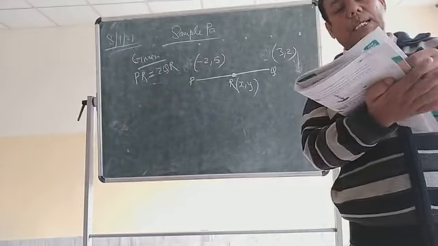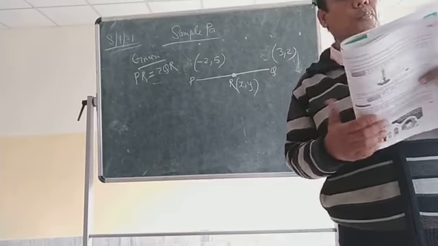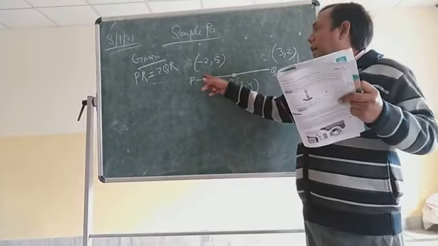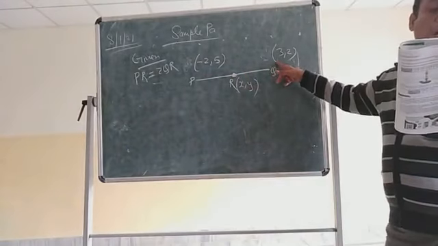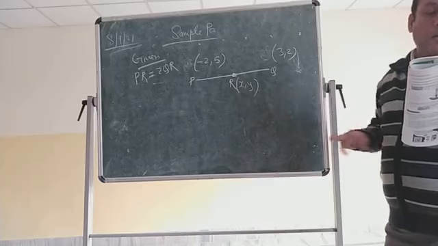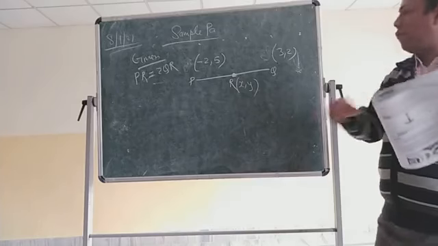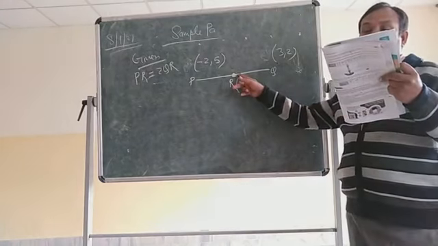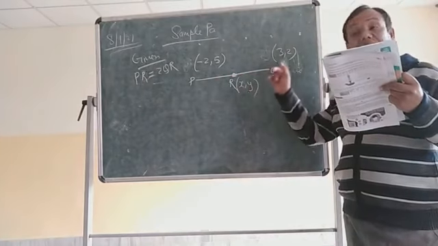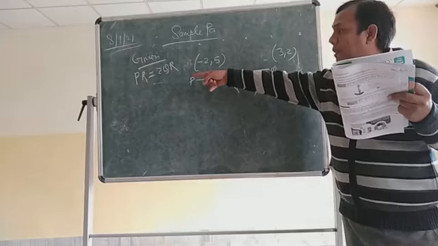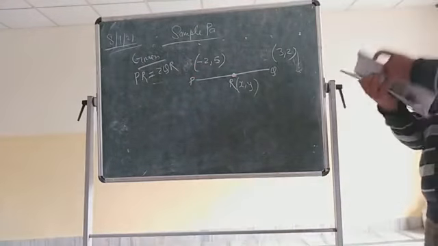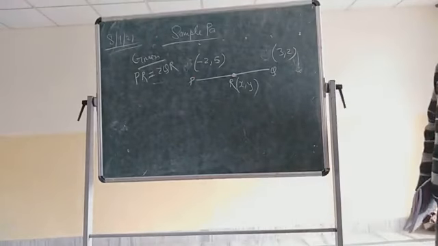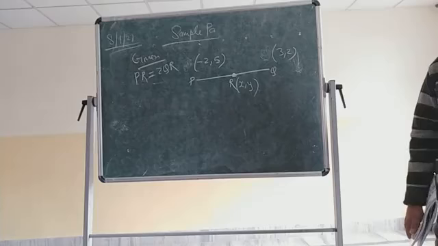The next question is P minus 2 comma 5 and Q 3 comma 2 are 2 points. You have to find the coordinates of the point R on PQ such that PR equal to 2 QR. So clearly, you have to apply the section formula.